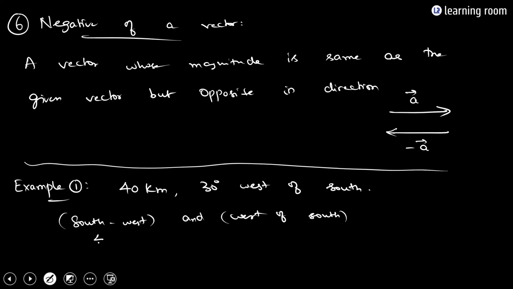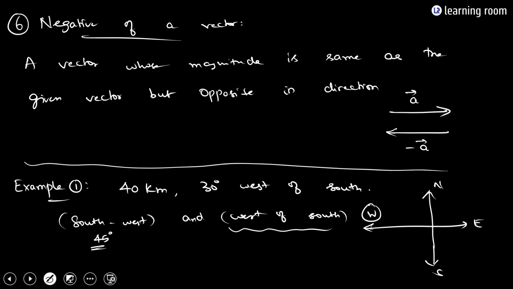So southwest means exactly 45 degrees. But when they say west of south, listen to this carefully. This is north, south, east, west. So west is here, south is here. So from south, you are taking a turn towards west through an angle of 30 degrees.